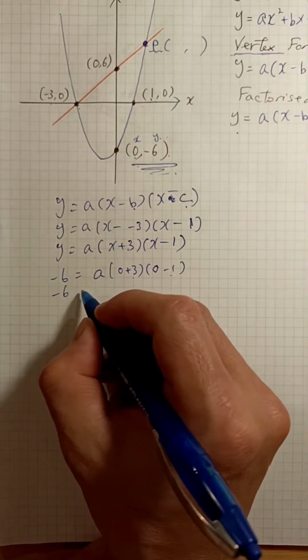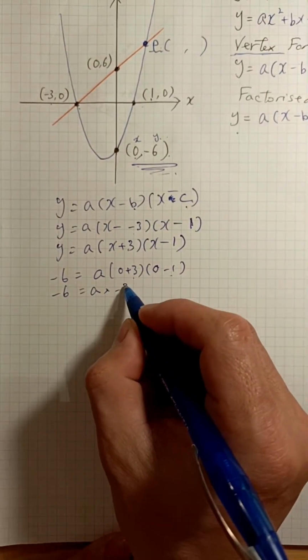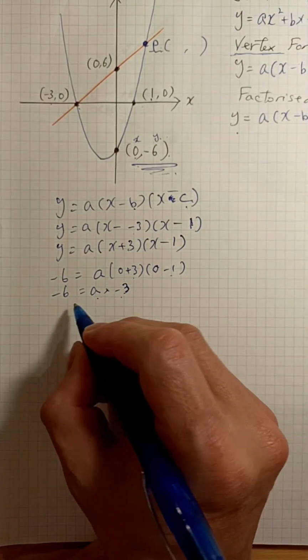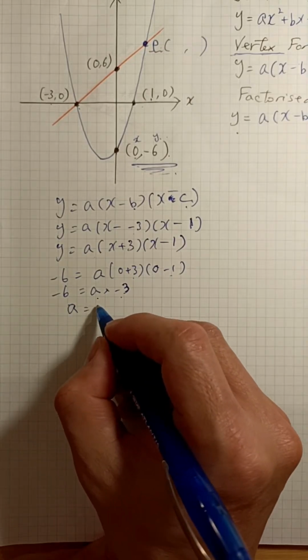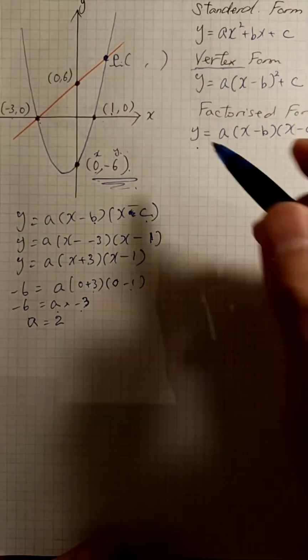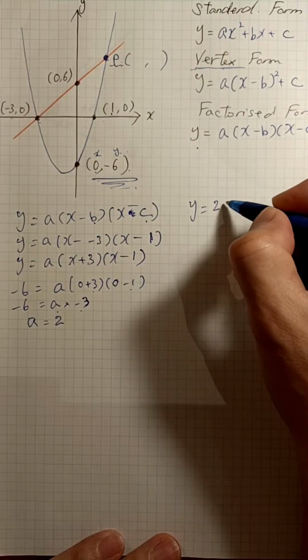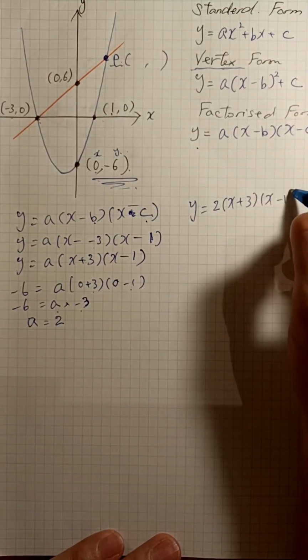So -6 equals a times -3. -3 times what gives you -6? 2, isn't it? So a equals 2. So the equation for the parabola is y equals 2 bracket x plus 3, x minus 1.